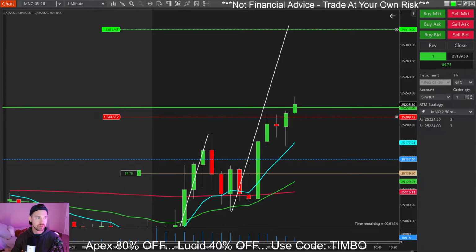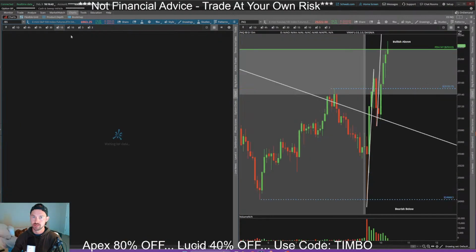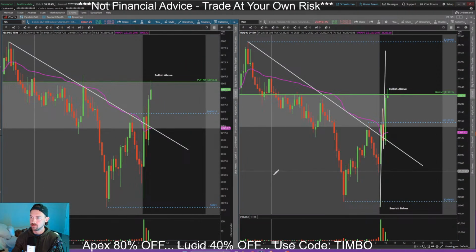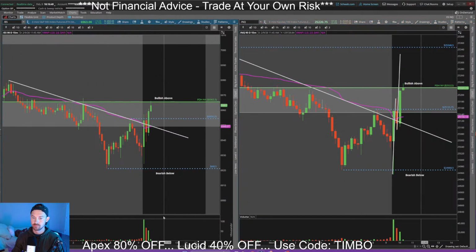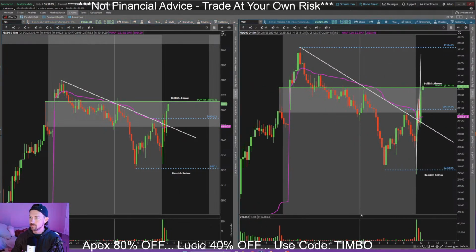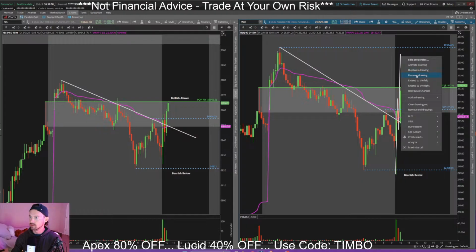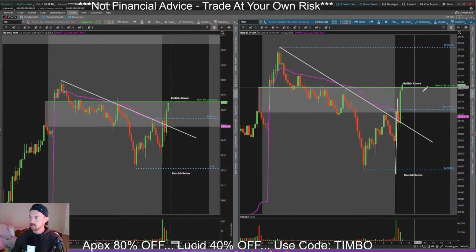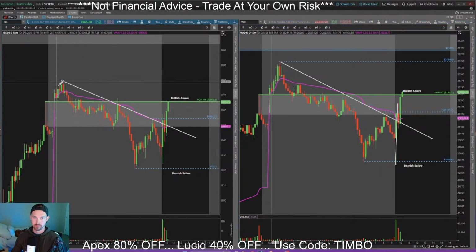ES is right up near previous day high right now. Right up into it. Let's check out the 15-minute chart. So if we can stay above previous day high, we should be able to get a move up to this pre-market high area.